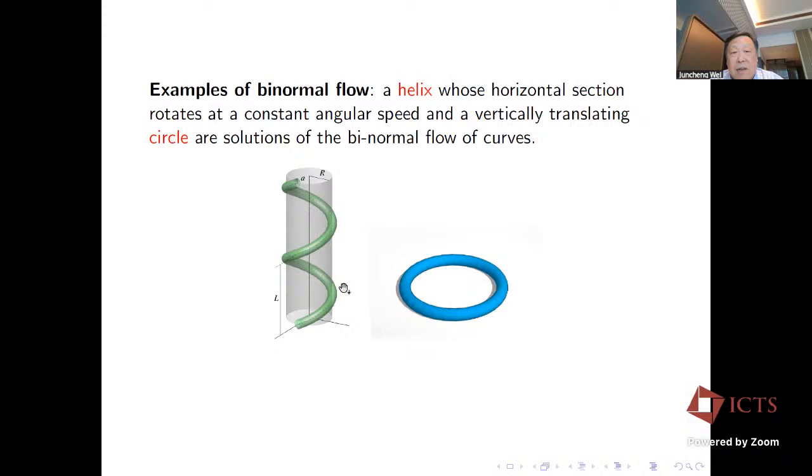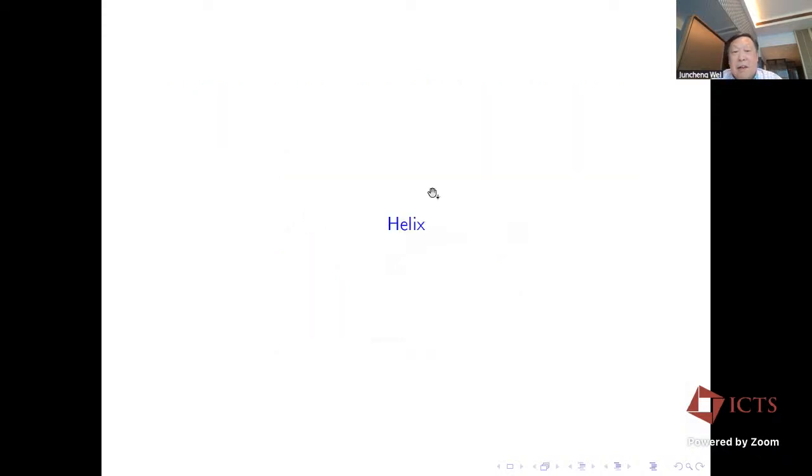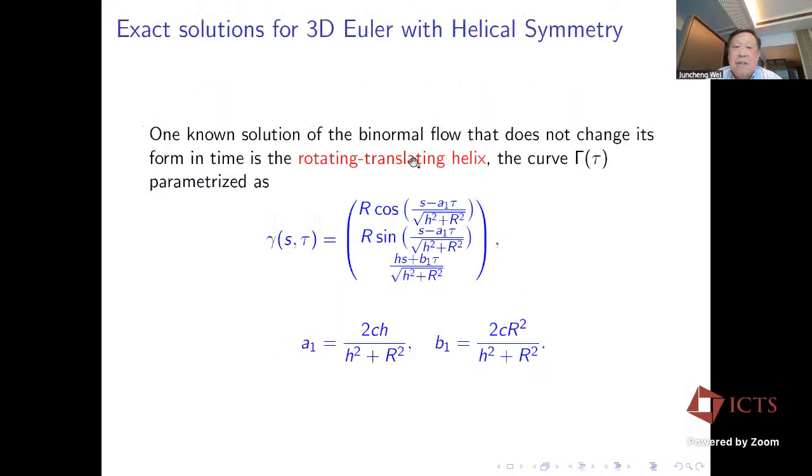Another binormal flow is the vortex ring, the traveling ring. I will discuss this in a moment. Let me first discuss the helix. The helix is a known example of binormal flow, and you can write down the helix explicitly.